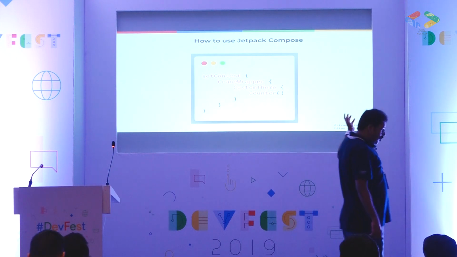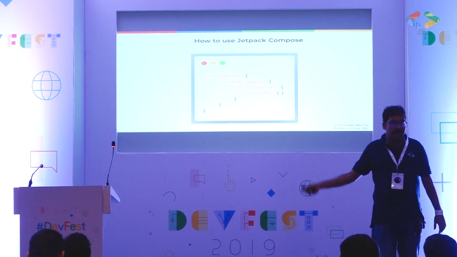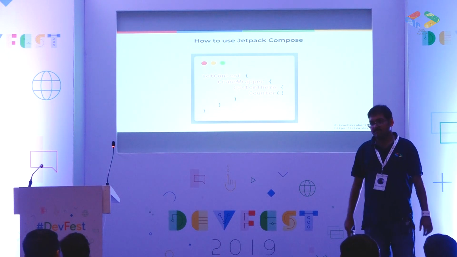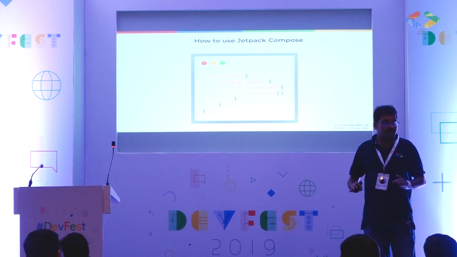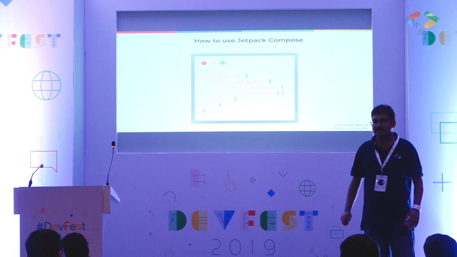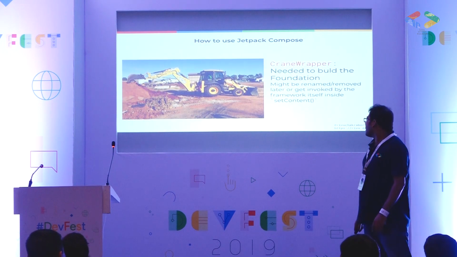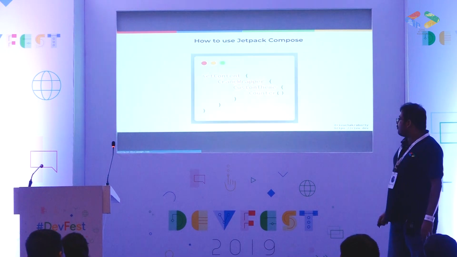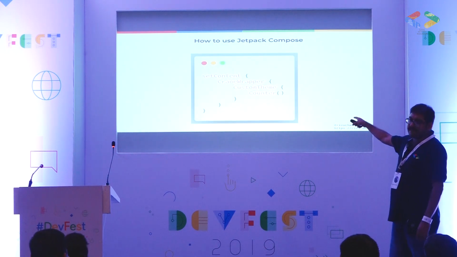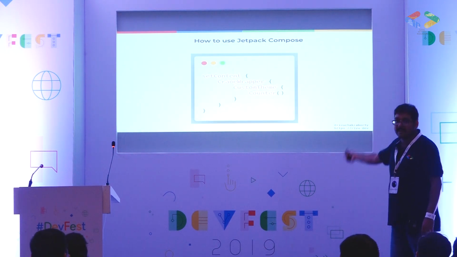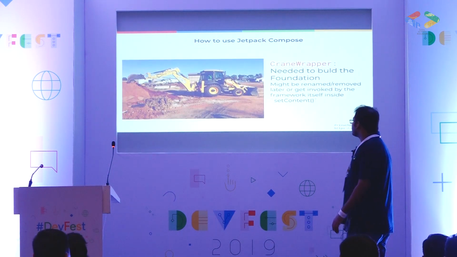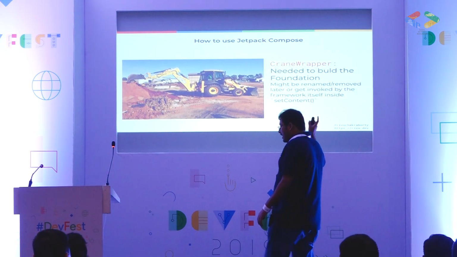So that's the whole code in the activity for this app. Inside onCreate, just that, nothing else. We'll break down each of the lines here and see what they do. Can anyone read the text?